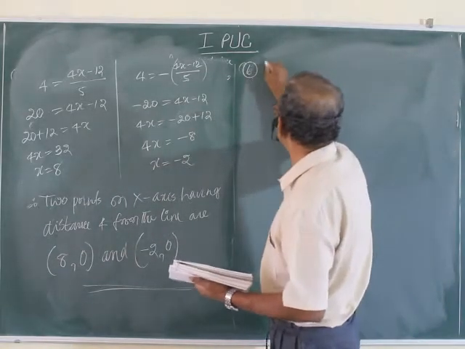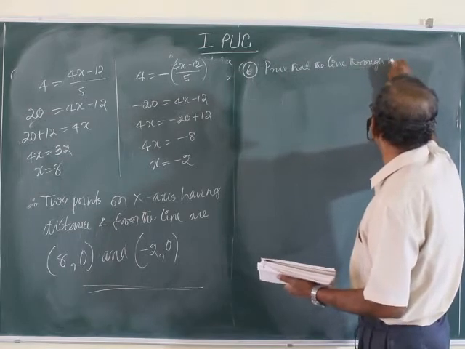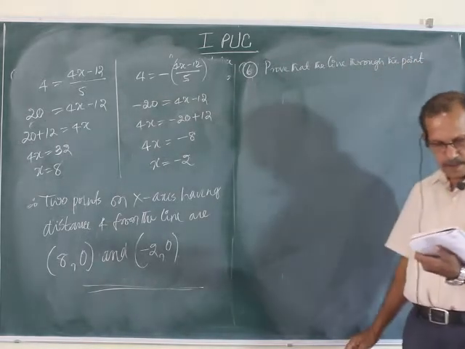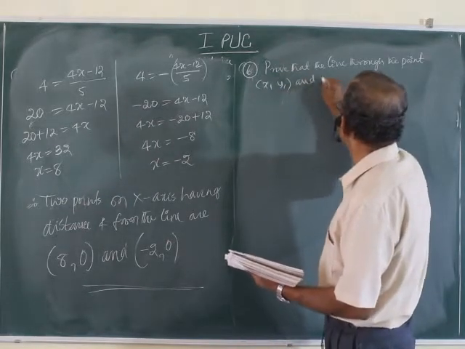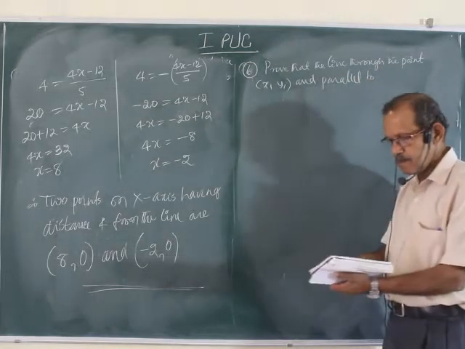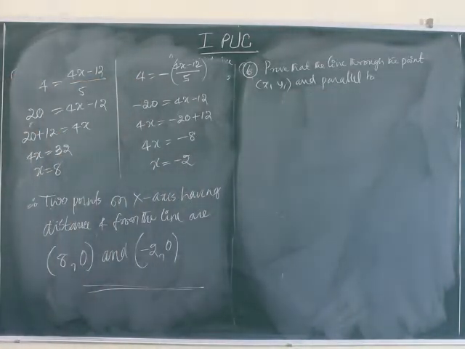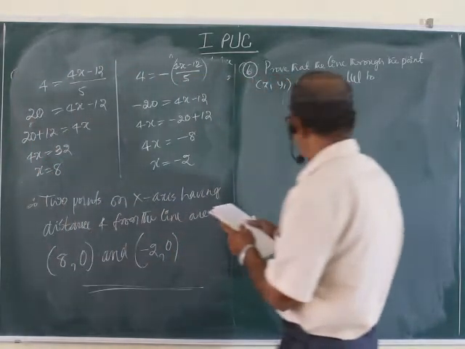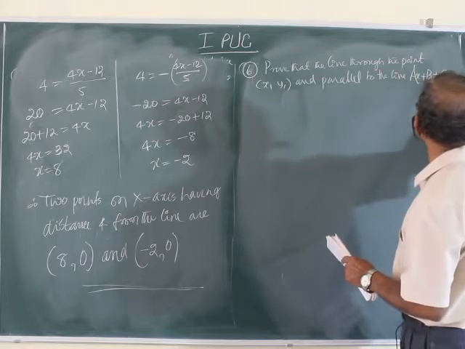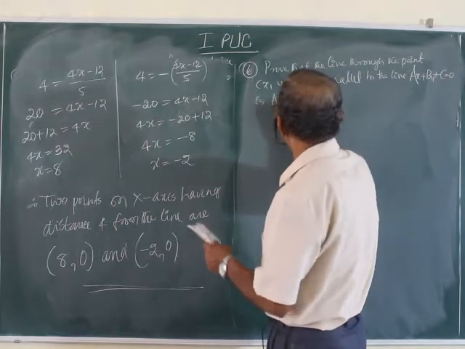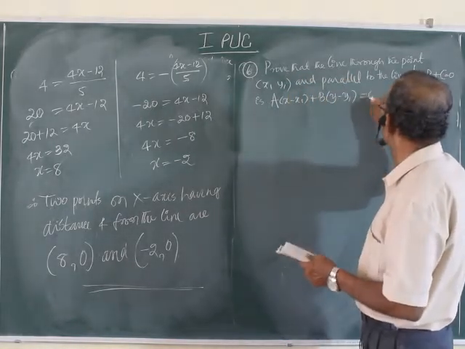Prove that the line through the point (x1, y1) and parallel to the line ax plus by plus c equal to 0 is a into (x minus x1) plus b into (y minus y1) equal to 0.